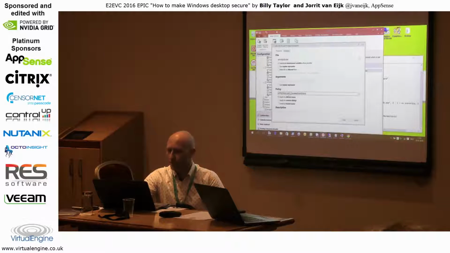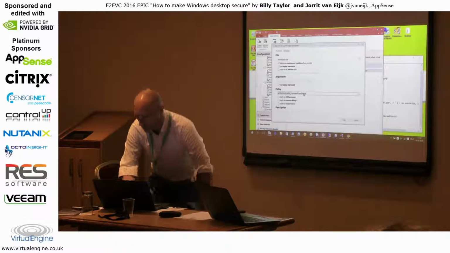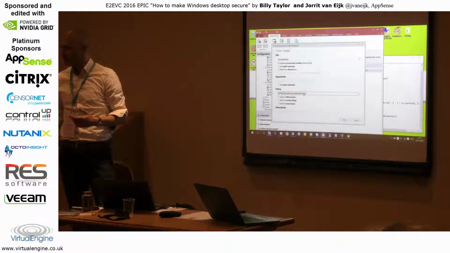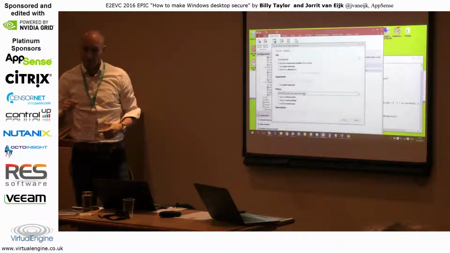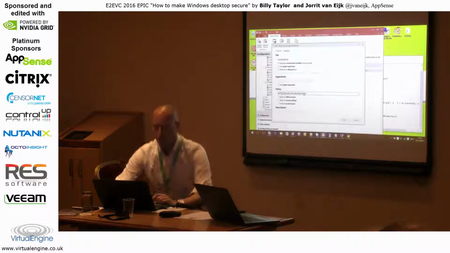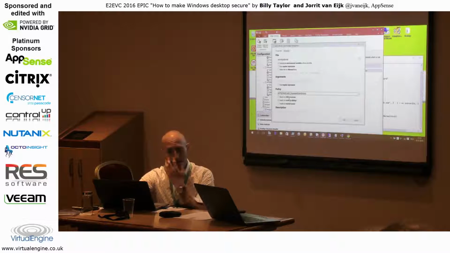I already pre-configured a policy, and this allows us to modify the token of the application, so add additional tokens to the process token itself. So not to the user, but to the process. I can decide if I want to apply the same rules to child processes or common dialog boxes.